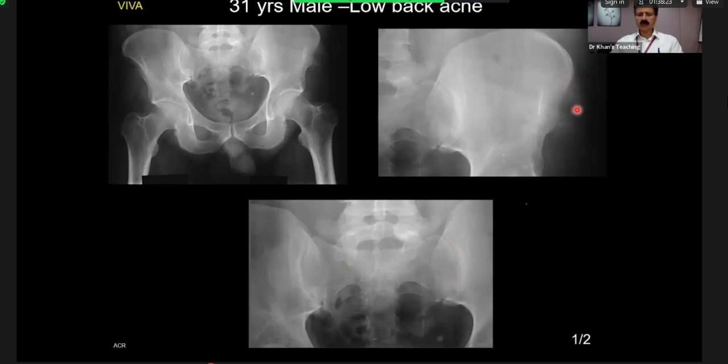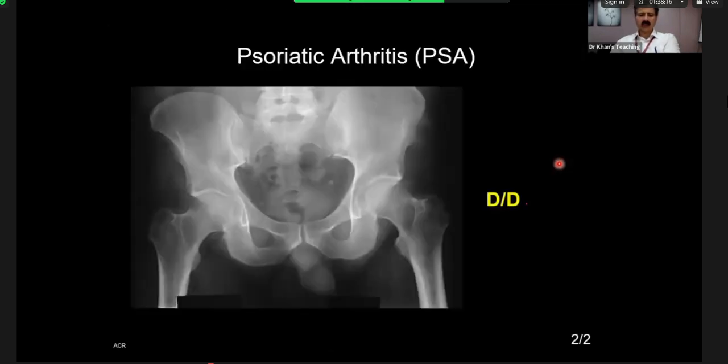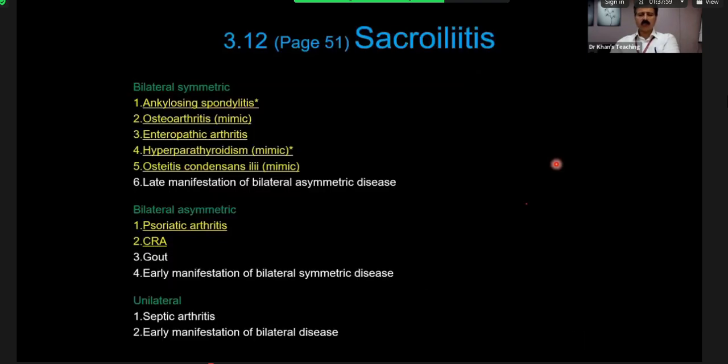And you have to develop your eyes that there is new bone formation wherever the muscles are attached or the ligament. This is an extremely important differential diagnosis for the exam: sacroiliitis.